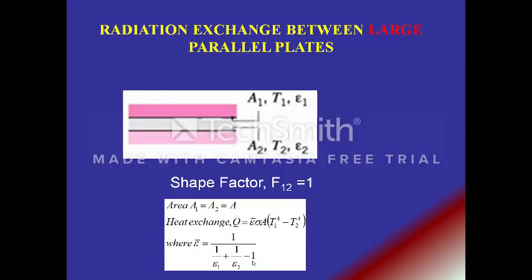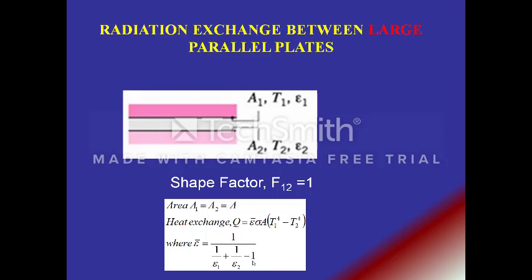But in reality, there are certain cases where the shape factor is equal to 1. I will explain. The first case is two large parallel plates. I take two parallel plates having infinite area, very large plates, parallel to each other.